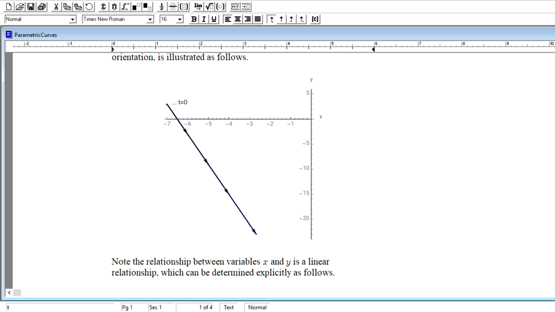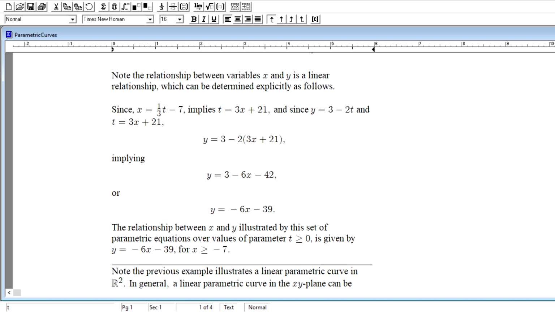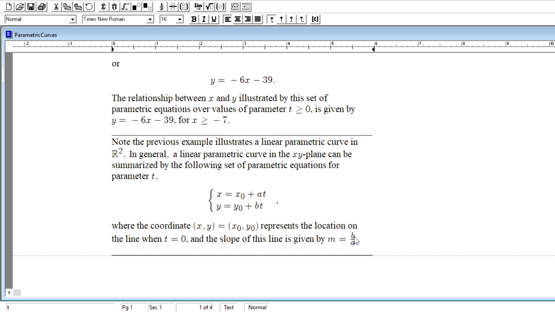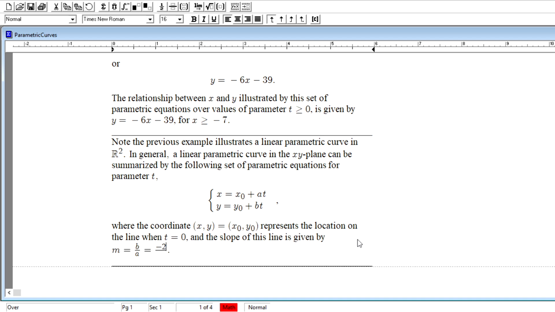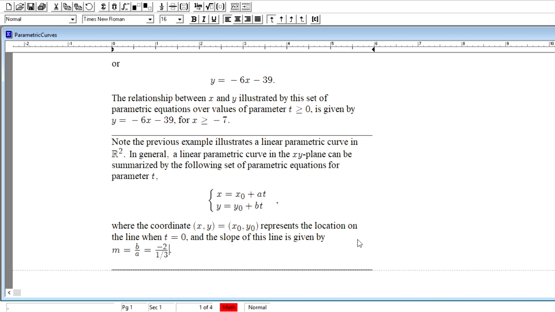And if we take negative 2 and put that over a in value, which is 1/3, this will become negative 2 times 3, which does equal negative 6 in value. And that was the slope that we found above for this linear relationship.